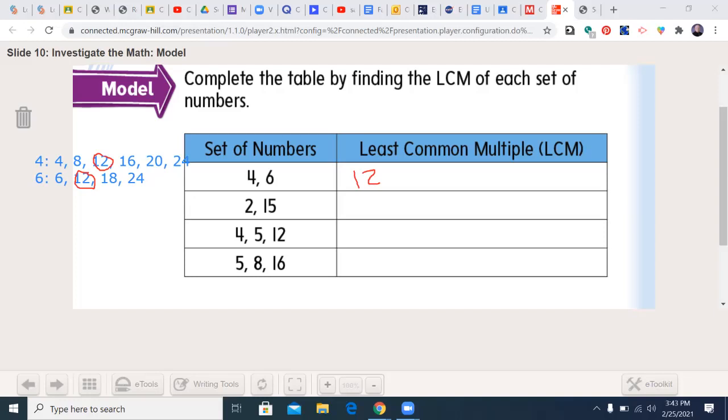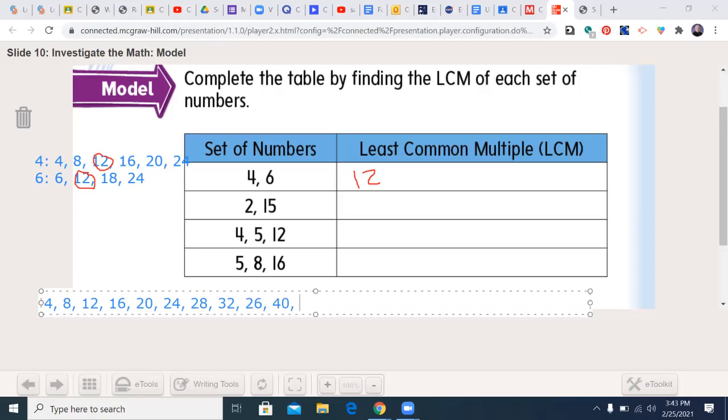You would do it the same way, and it can get challenging. You can end up with a lot of numbers. So let's look at 4, 5, and 12. So 4 is 4, 8, 12, 16, 20, 24, 28, 32, 36, 40.